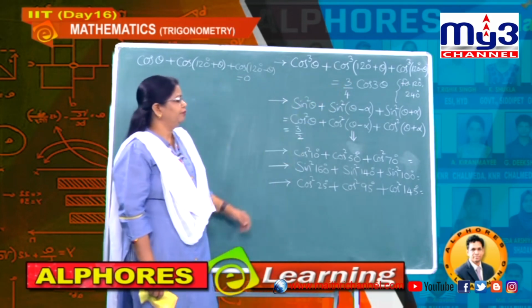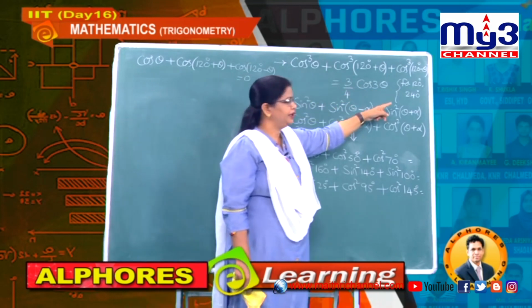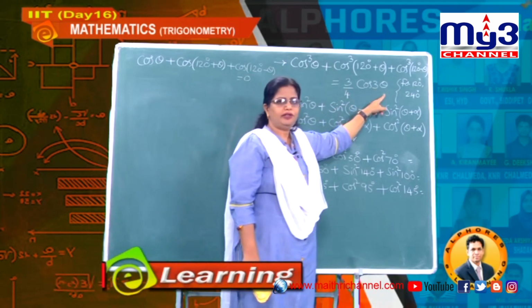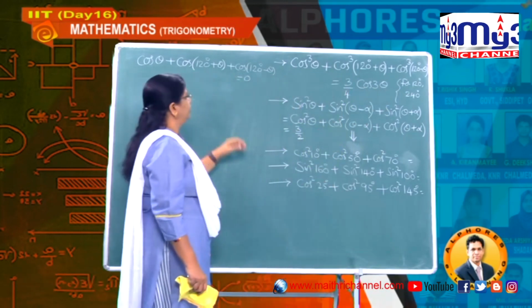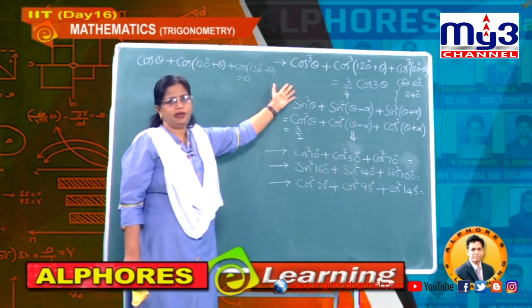Now what is the angle here? It is theta, theta, etc. Whereas here what is the value? 3 theta. Now we have this result in hand and this one we have to prove.